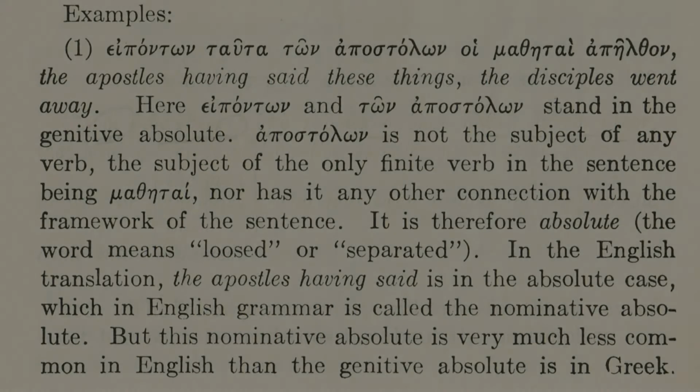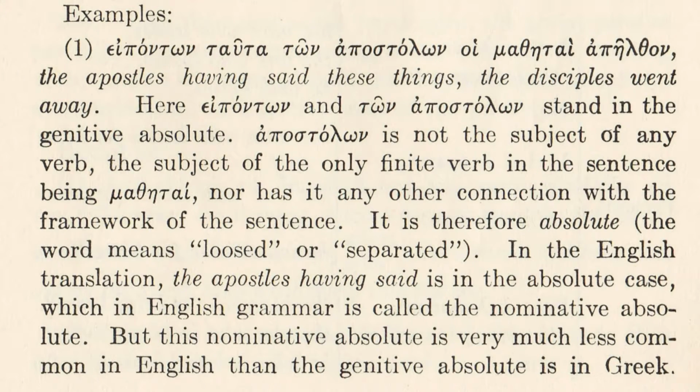All right, well, the next set of examples provided by Machen illustrate the genitive absolute. So let's take a look at these. First, we have aponton, tauta ton apostolon, hoi mathetai apelthon. So, aponton, this is the second aorist participle, not passive now. You'll notice second aorist participle.